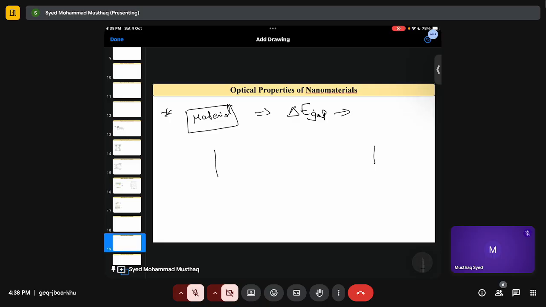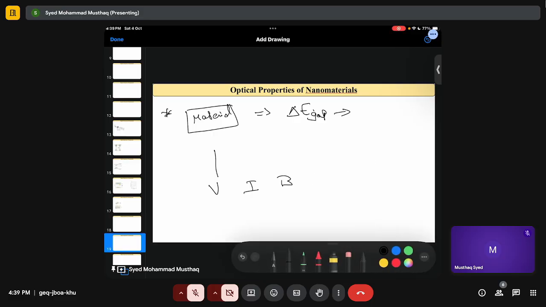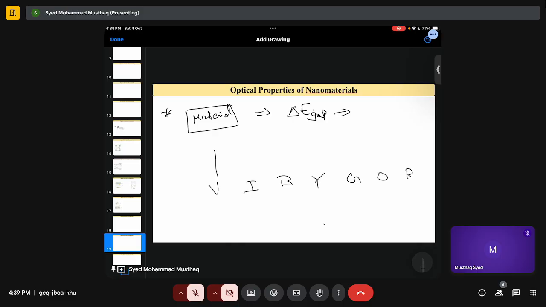So we know VIBGYOR, right? Violet, indigo, blue, green, yellow, orange, red. These have some wavelengths, lambda 1, lambda 2, up to lambda 7, and correspondingly I have E1, E2, up to E7.